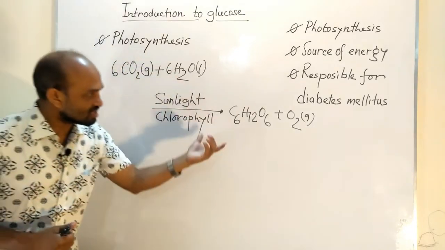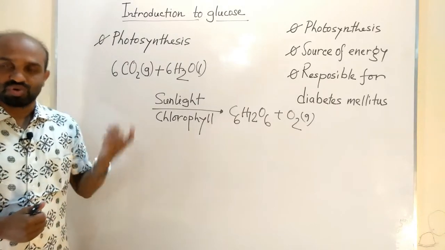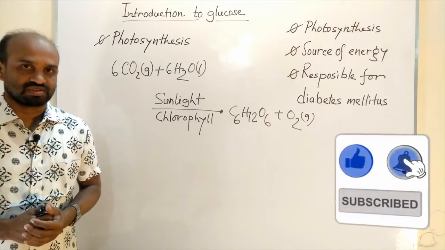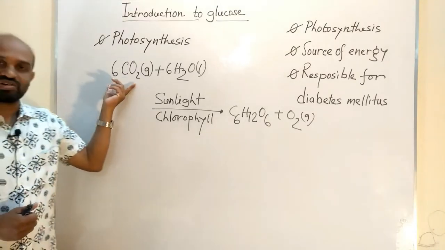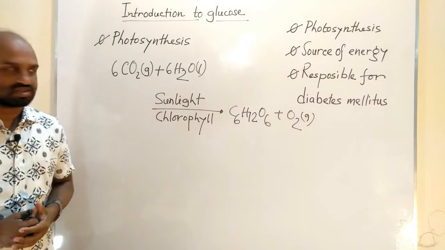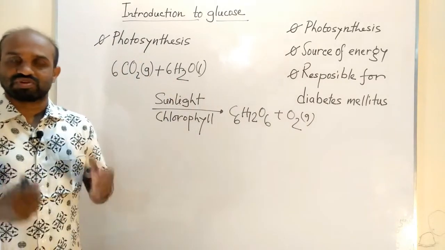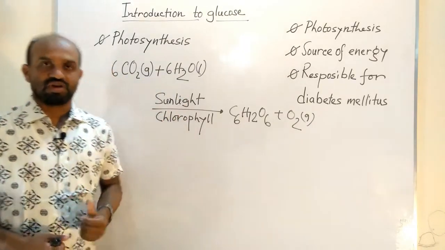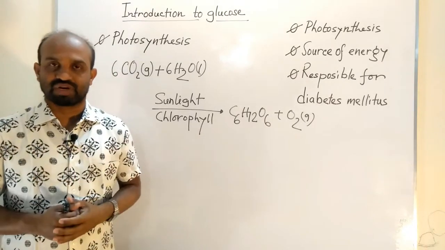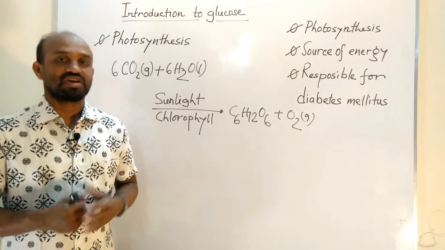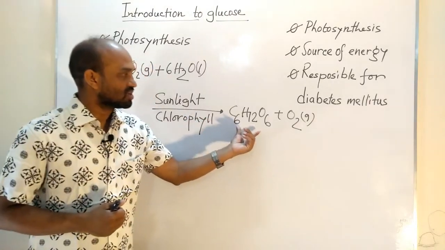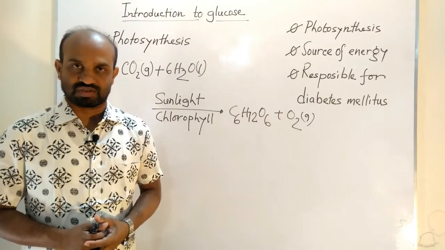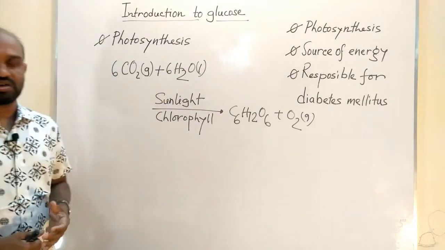And this is a kind of photosynthesis which takes place in the leaves of plants and trees, where carbon dioxide is taken from air, water is taken from soil through roots, and in presence of sunlight and chlorophyll. Chlorophyll is a kind of green pigment present in the leaves, and the products are glucose, and oxygen is a kind of byproduct. This reaction is a kind of photosynthesis.